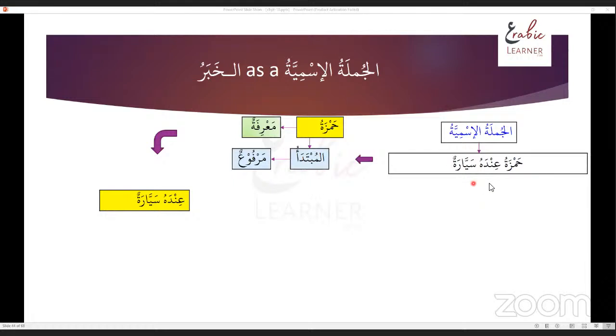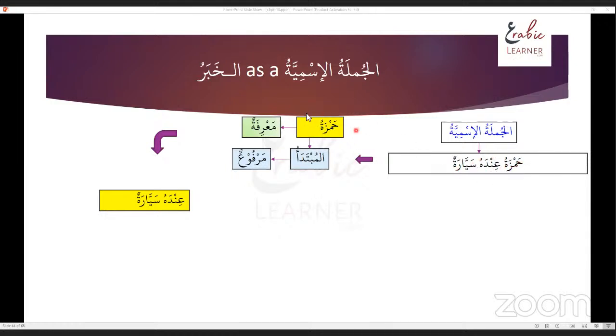Now, indahu sayyaratun itself is a jumla. And what is the meaning of this jumla? He has a car. That is the meaning of this. Now, this jumla is part of the big jumla. So there is a Hamzatu indahu sayyaratun, and indahu sayyaratun itself is a jumla, and it is part of the big jumla including that Hamza also.